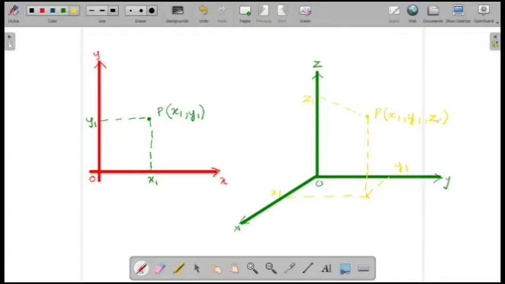Now we have to see what the unit vectors are and how we define the differential lengths, areas, and volume. I'm going to use a software which will aid my teaching and your understanding, and I'm going to switch between the software and my whiteboard.